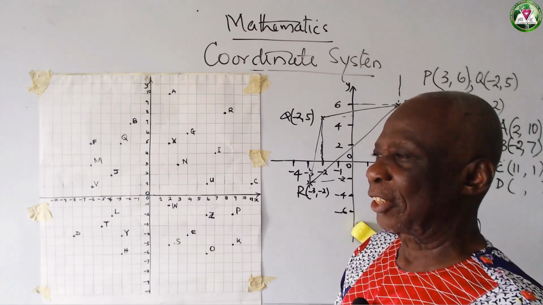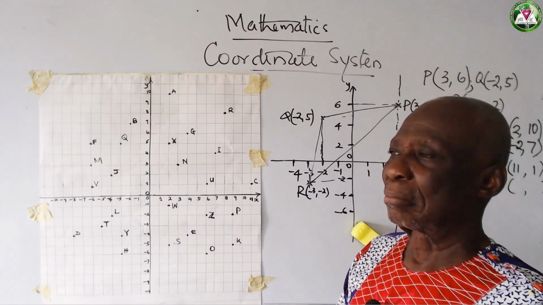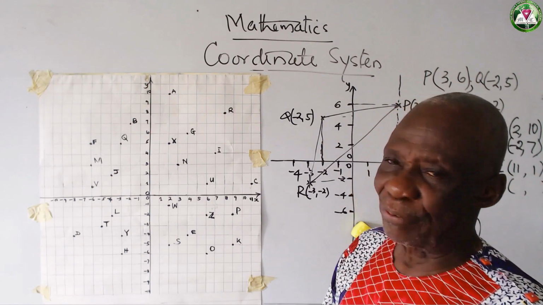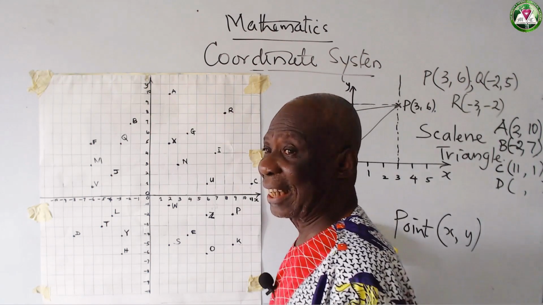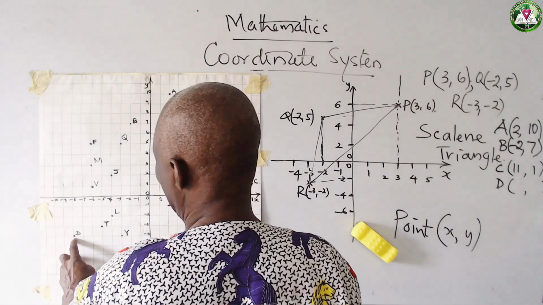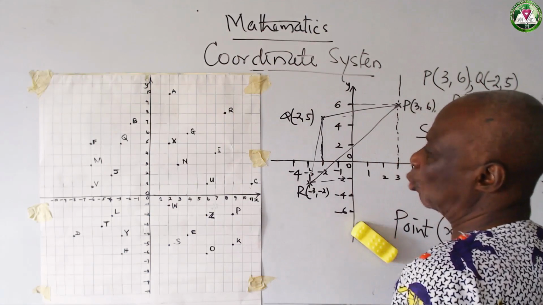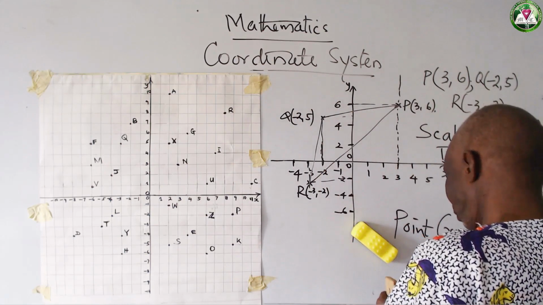What is the characteristic of the fourth quadrant? In the fourth quadrant, both X and Y are negative. Negative for Y, negative for X. Remember, we take that X first. So from D, move to X. What do you see? Move to the X-axis. What number is that? -8.